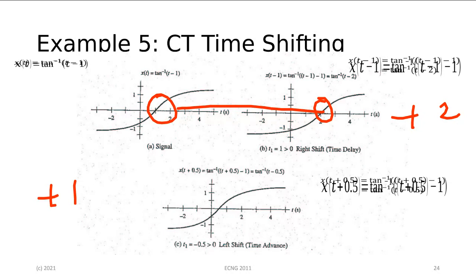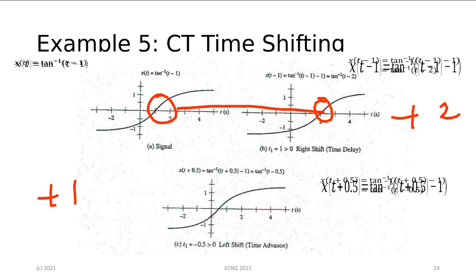And then in the diagram below, the zero crossing point, which is a useful reference point, has now moved to t equal to 0.5. So in other words, the signal has been advanced. It has come up in time.